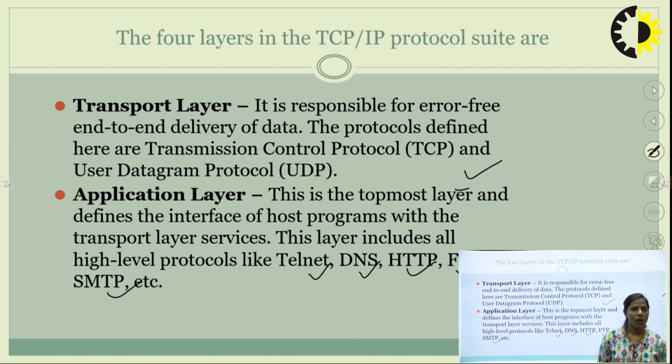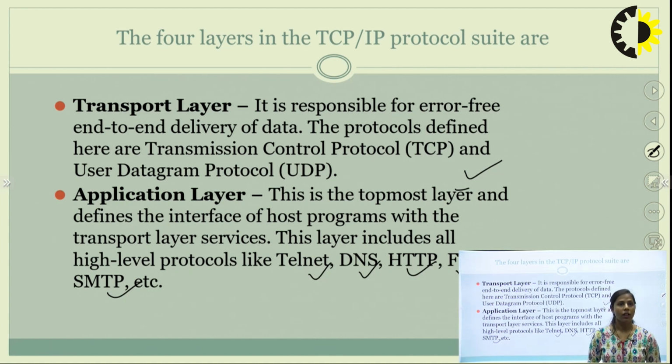So till now we have discussed that in the TCP/IP protocol suite we have four layers: the network layer, internet layer, transport layer and the application layer. These layers involve various protocols, so let us discuss them one by one.